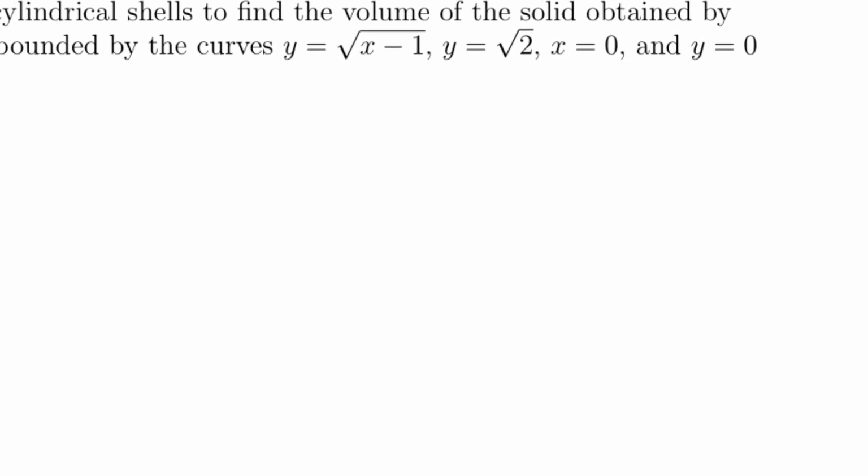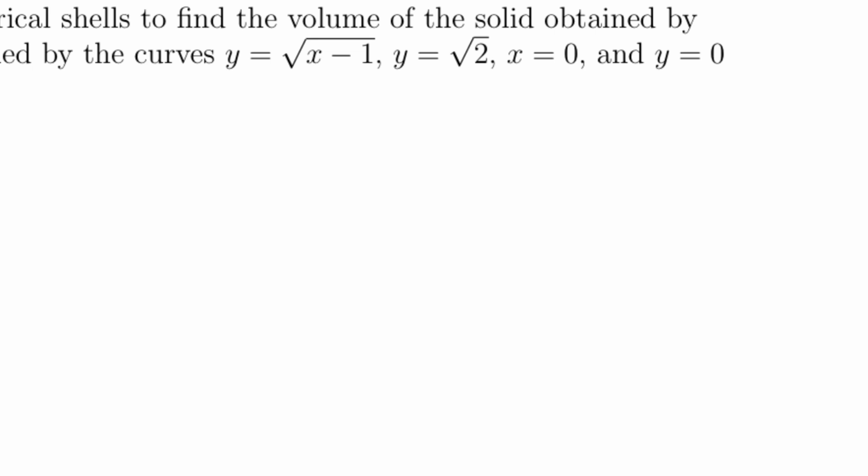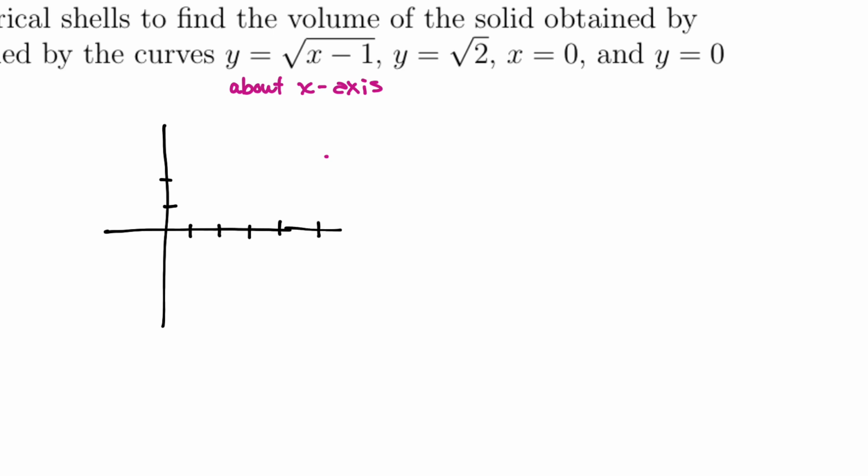y equals square root of x minus 1, y equals 2, x equals 0, and y equals 0, but I want us to spin this about the x-axis. So I want that region about the x-axis. Five minus 1 is 4, and the square root of 4 is 2. This is 1, this is this.